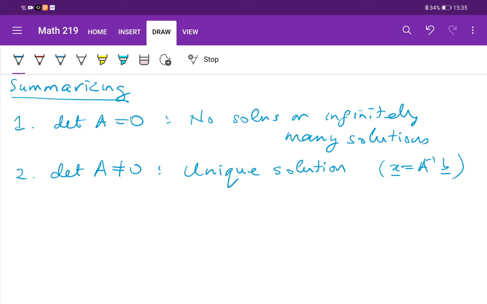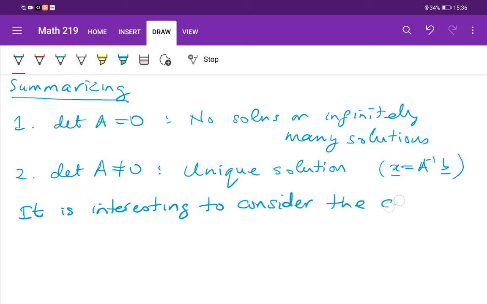So it is interesting to consider the case where b is identically 0. Here the 0 is the zero vector, a vector of all zeros.